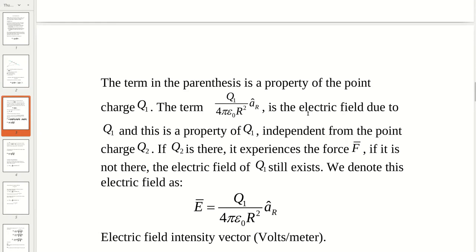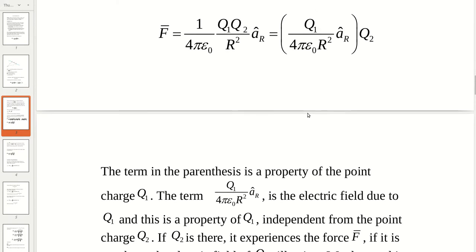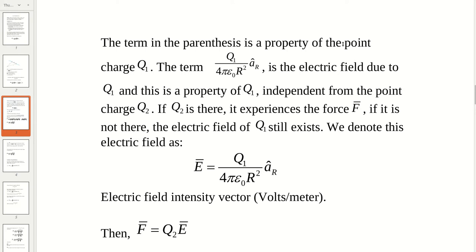Okay, so now imagine that there is no other charge Q2. If we remove Q2, this force is still available. So Q1 has its force, the electric field of Q1 still exists.